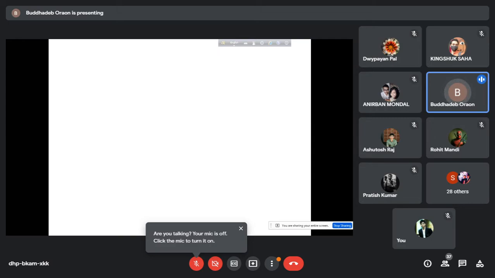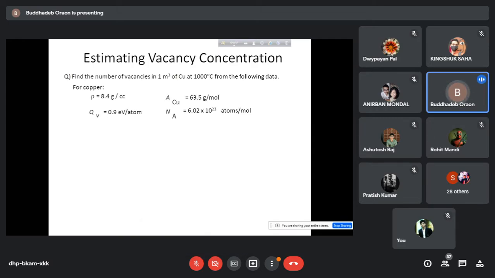So let us take one small problem here. Find the number of vacancies in 1 meter cube of copper at 1000 degrees centigrade from the following data. All data has been given here: density, then activation energy, 0.9 electron volt per atom, atomic number, then you have got the Avogadro number.